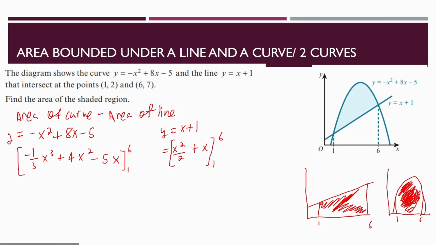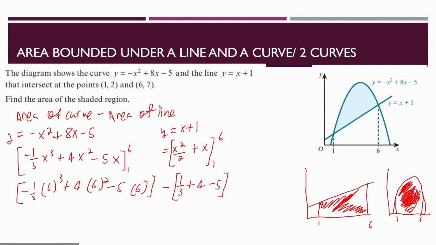So let's find the area for both. So minus 1 over 3 into 6 cube plus 4 into 6 square minus 5 into 6, upper limit minus the lower limit. Lower limit just has 1, so we can just input it like this, plus 4 minus 5. One of the answers is this, and the other answer is going to be x square over 2.